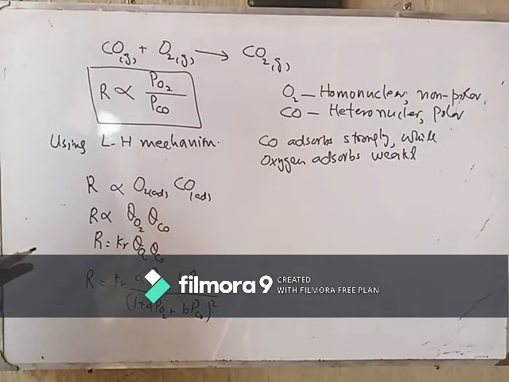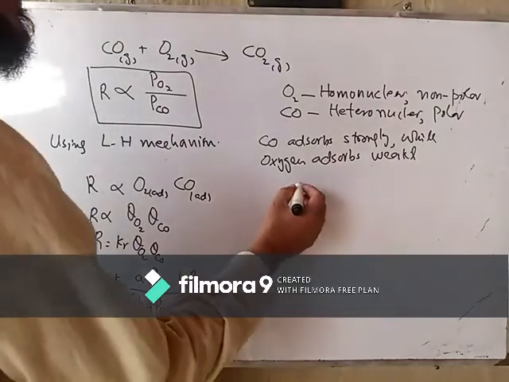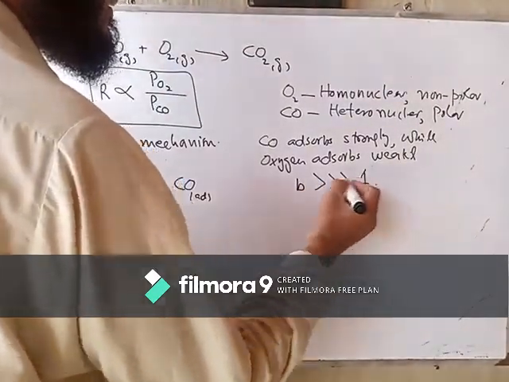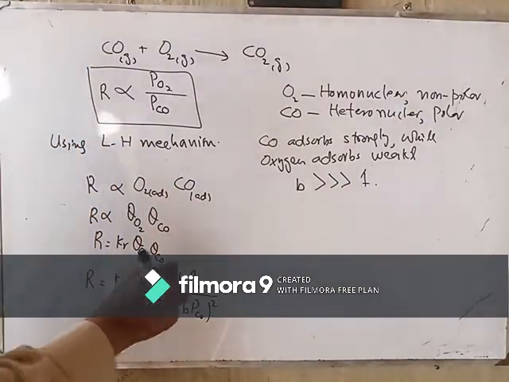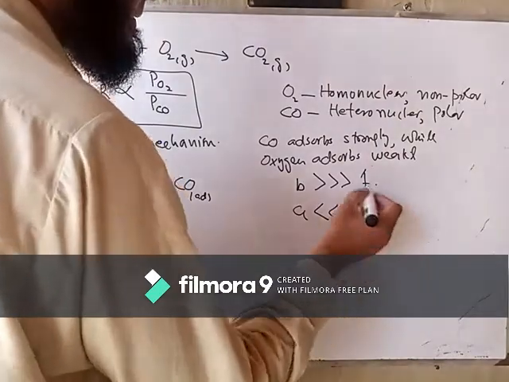Adsorption coefficient of carbon monoxide, that is B, is much greater than 1, while adsorption coefficient of oxygen, A, is much smaller than 1 because it is weakly adsorbed.